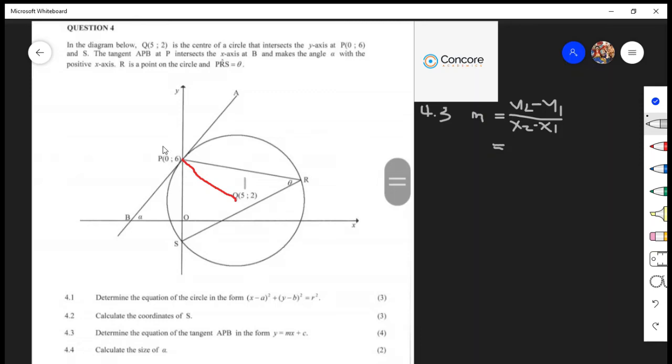So we're going to have 6 minus 2 over 0 minus 5, which would then give us 4 over negative 5. Okay, so 4 over negative 5 is our gradient of line PQ.